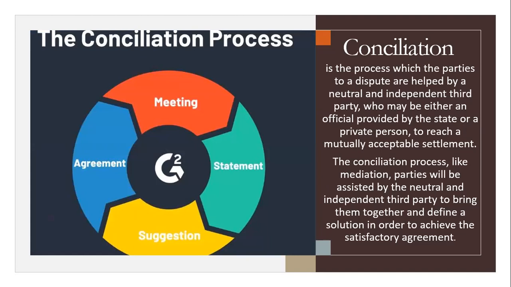The agreement here always leads to a win-win outcome, because the people themselves decide their outcome. What the conciliator actually does is just make suggestions to them. Okay, why don't you look at issues this way instead of being rigid.